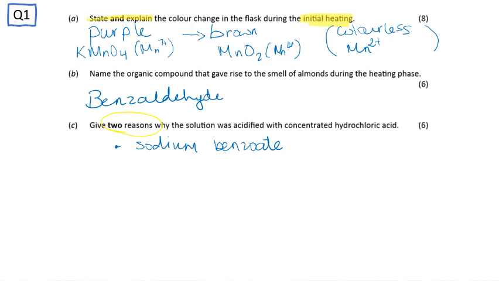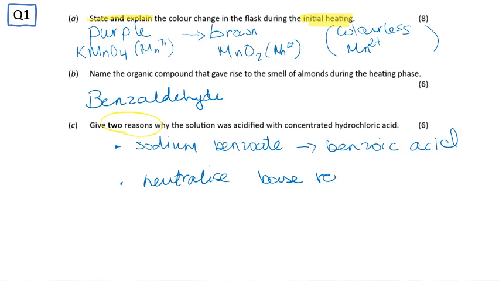So to convert the sodium benzoate to our benzoic acid, our carboxylic acid. The second reason it's added is to neutralize any base that's left over. So any base that's remaining, because remember this is done under basic conditions, and we want to remove any of that strong base that's left, and the acid that we add can do that.